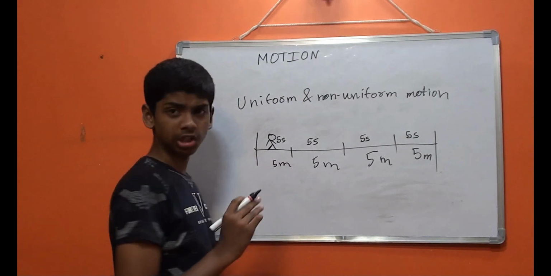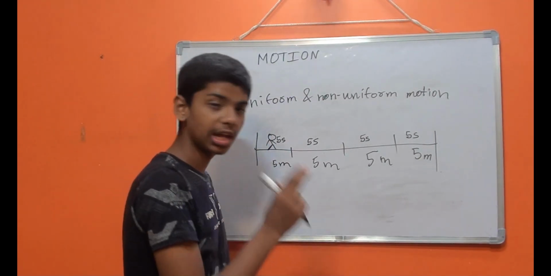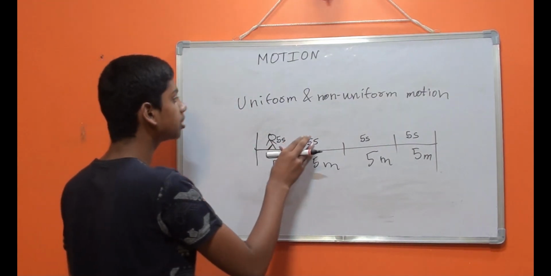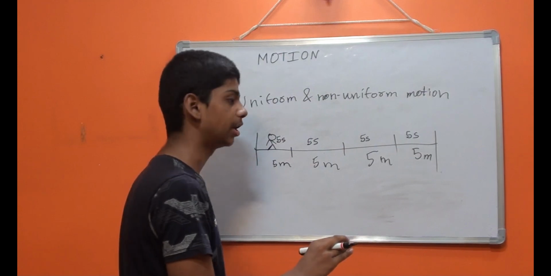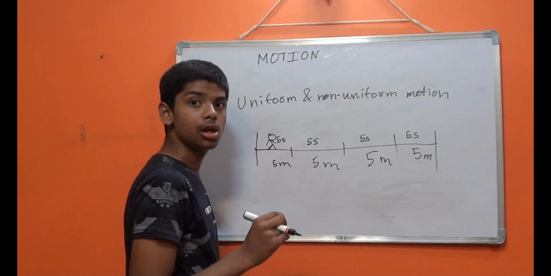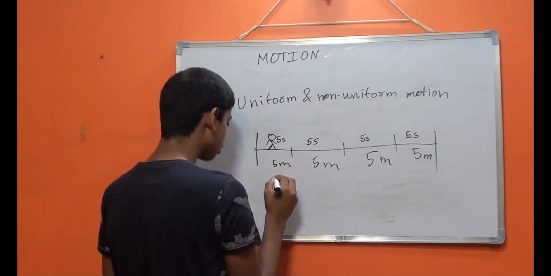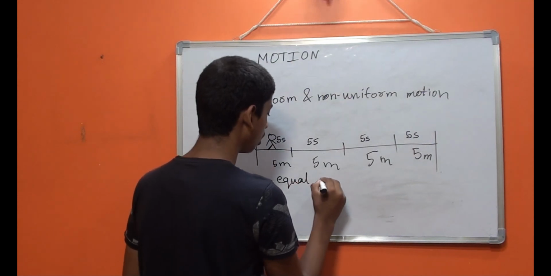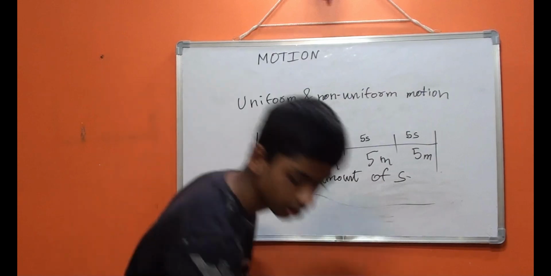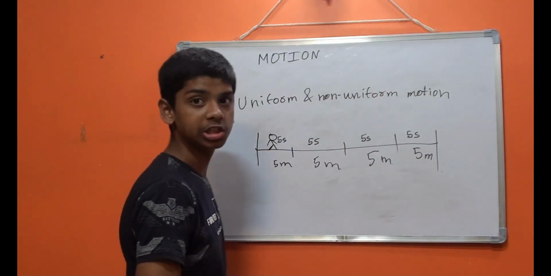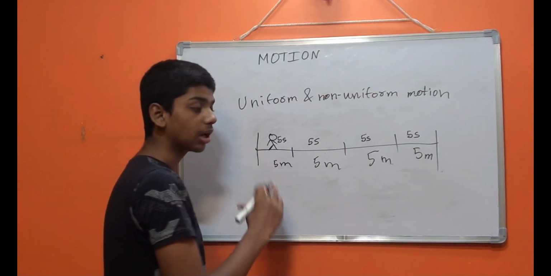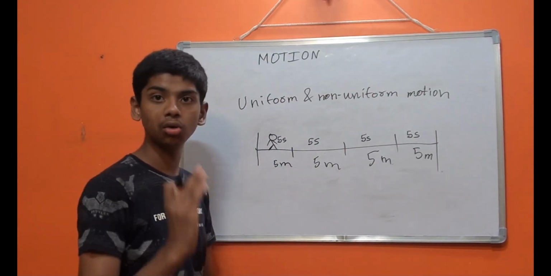Now what we can say is that he took the same amount of time for the same amount of distance, which means he is going at a uniform speed or uniform motion. Uniform motion means a body traveling equal distances in equal intervals of time.